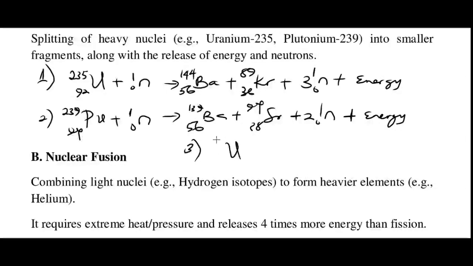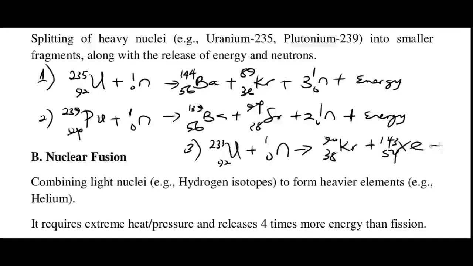Uranium-233 can be used. Uranium-233 with atomic number 92, giving us krypton, all right, 90 38, 143 54. Then plus energy. This is 102.